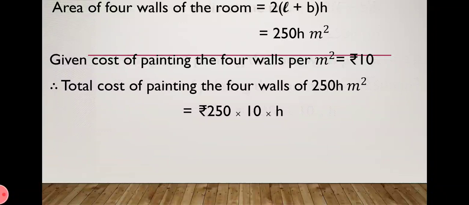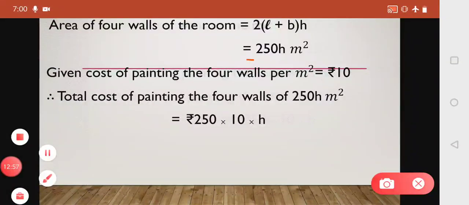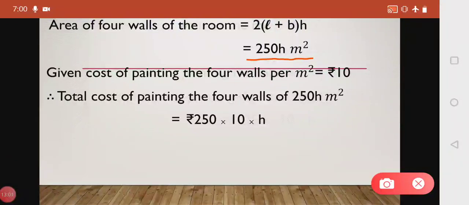So our area is 250 H. This is our area. So our total cost will be 10 into 250 H. Now this total cost is already given as rupees 15,000.